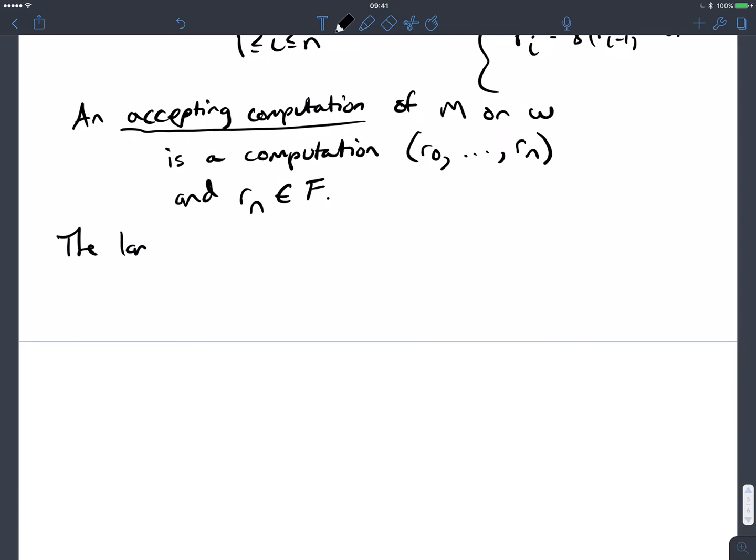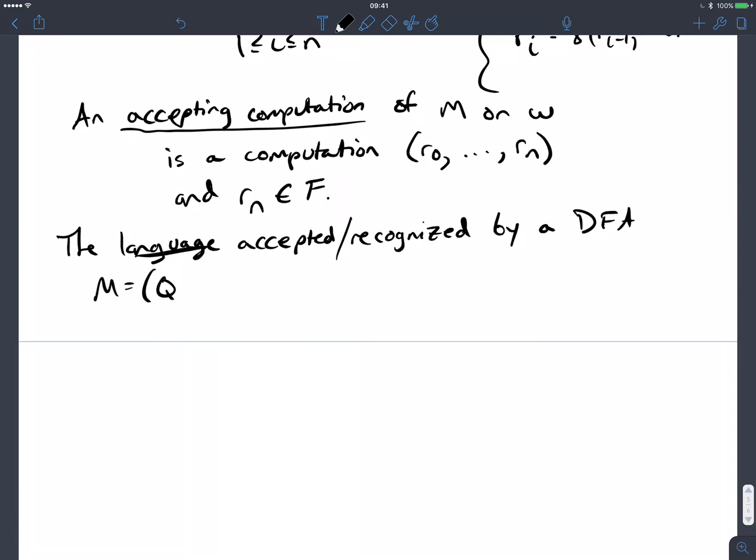The language accepted, another term is recognized, it's exactly the same thing, by a DFA M with the 5 parts is, oh, I should say, the notation that we'll use over and over and over in this class is L of M. So the language of this machine M. So how do you think I should formally define this thing?